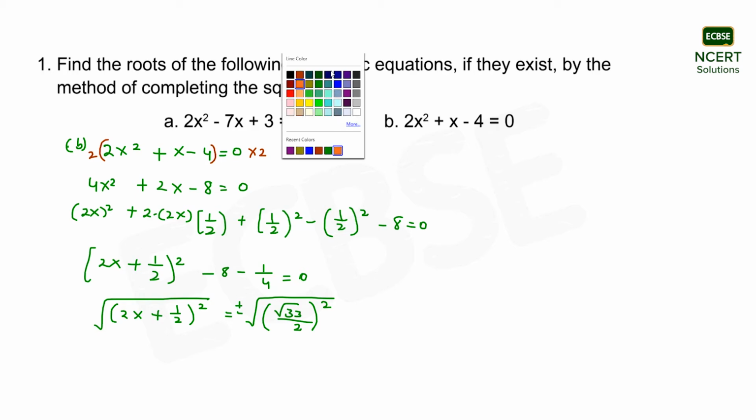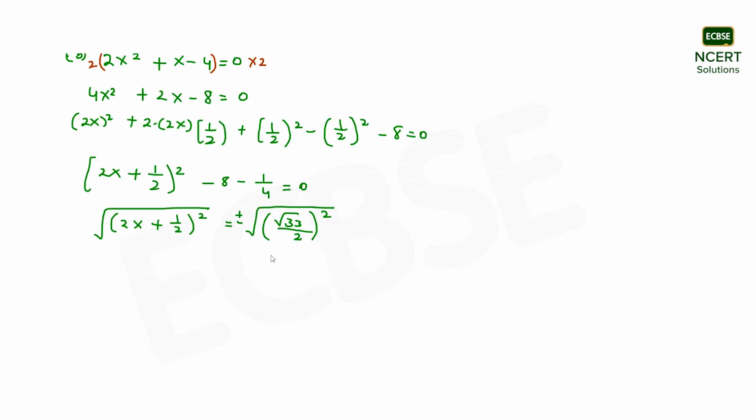So the two cases arise such that 2x plus 1 by 2 is equal to root 33 by 2, and the second case is 2x plus 1 by 2 is equal to minus root 33 by 2. That is taking the positive and the negative term separately.